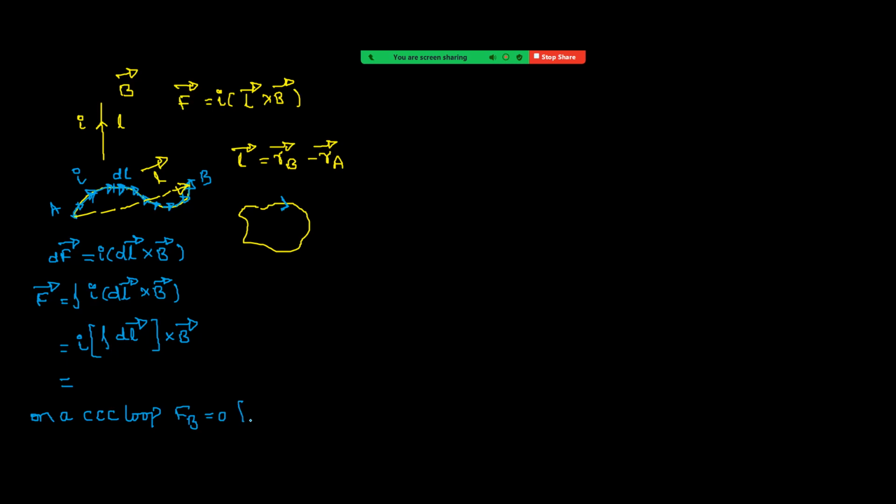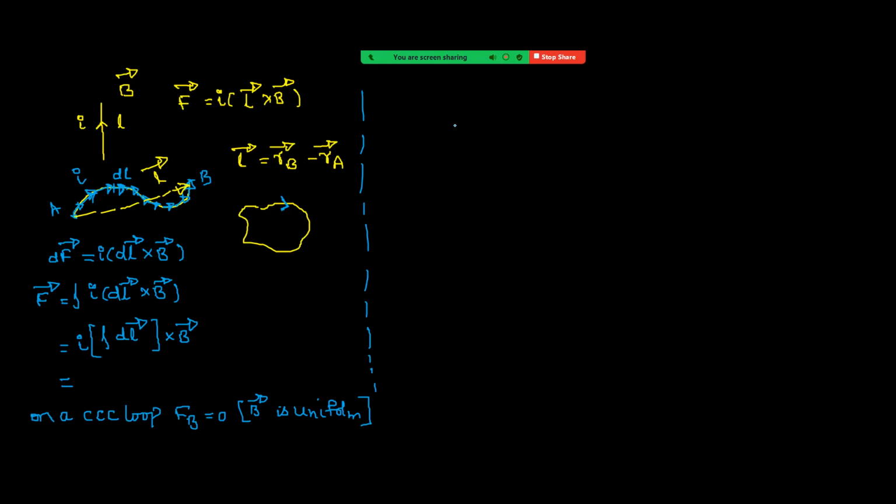The condition is that the field B bar is uniform. If it is not uniform, we cannot take B bar outside. So the force on a current carrying conducting loop is zero if the field is uniform. Right. Now see carefully.